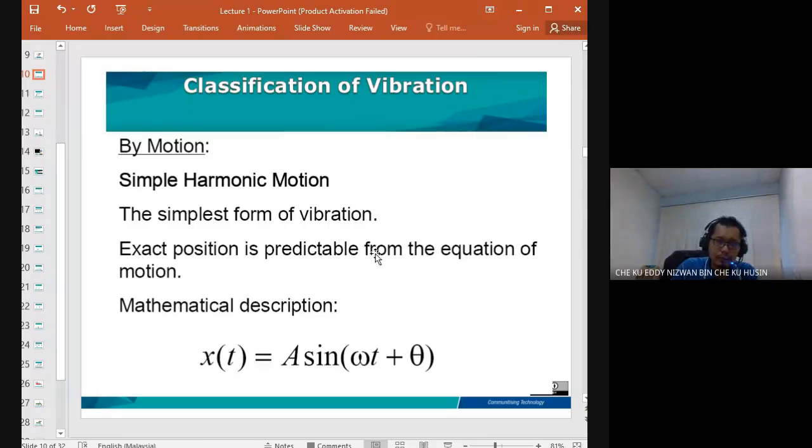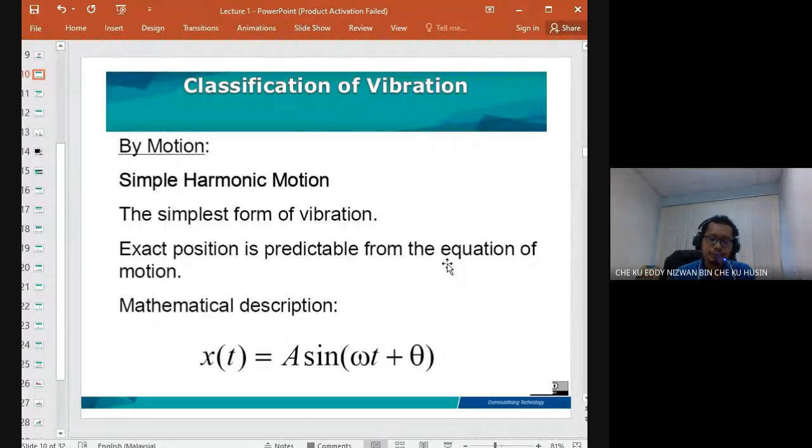I have detailed this from yesterday's class. Mathematically we can represent it as x equal to A sin(omega t plus theta). This is the most common vibration response, especially for a single degree of freedom system.